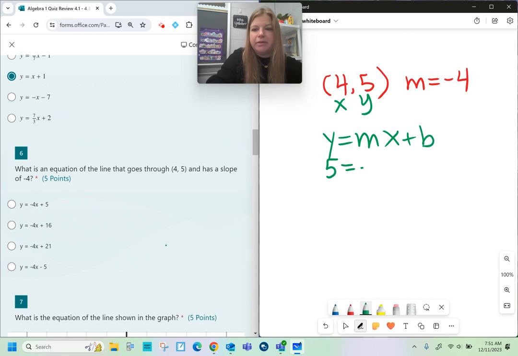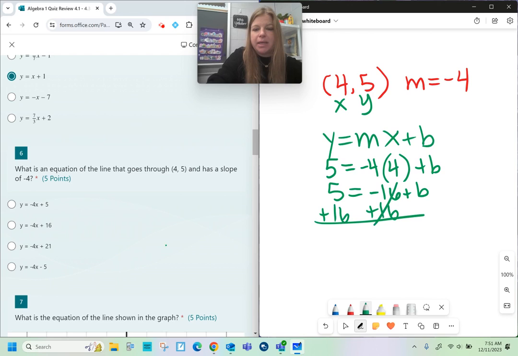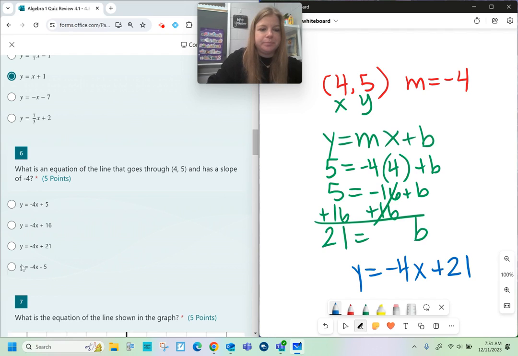My m is -4 times my x is positive 4 plus b. This ends up being 5 equals negative 16 plus b. Go ahead, add 16 on both sides, and we get 21. So my equation is y equals negative 4x plus 21.